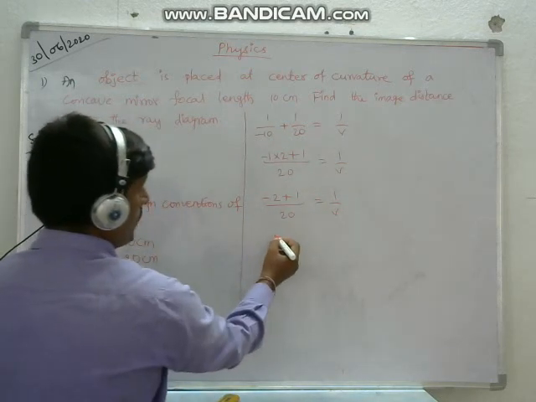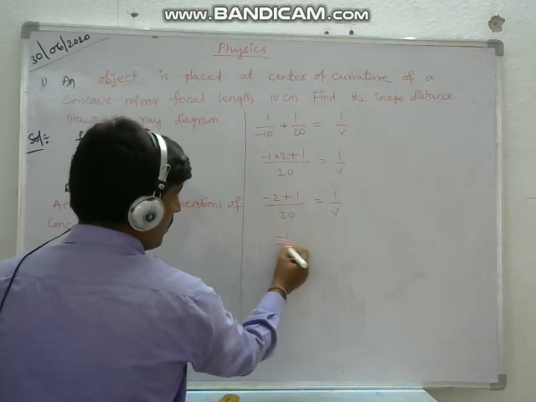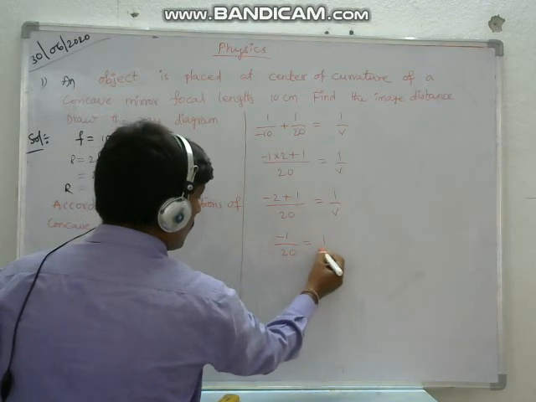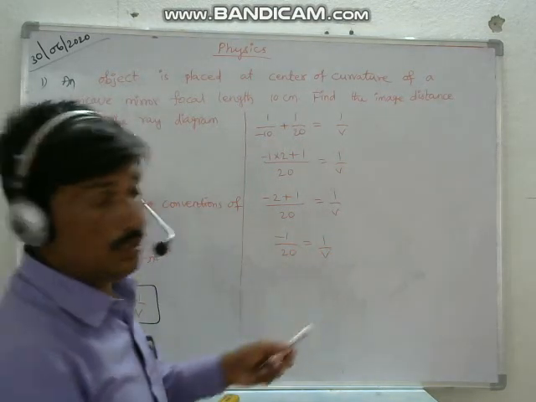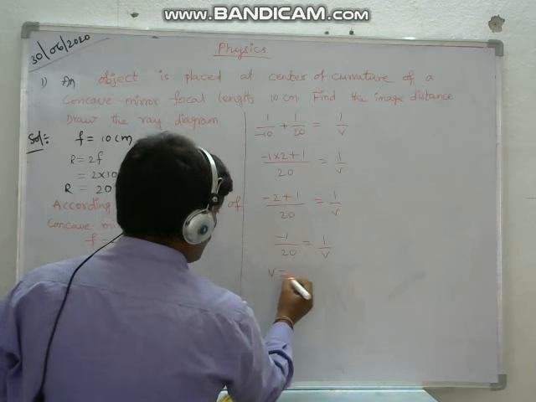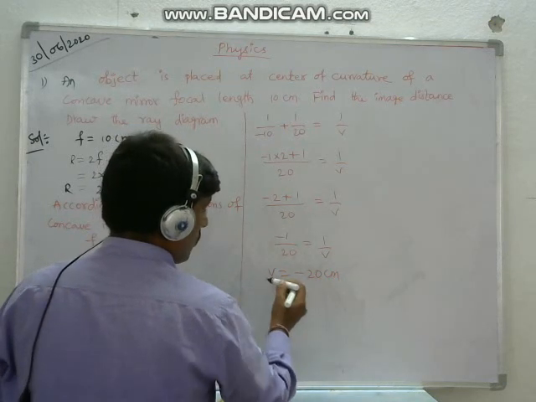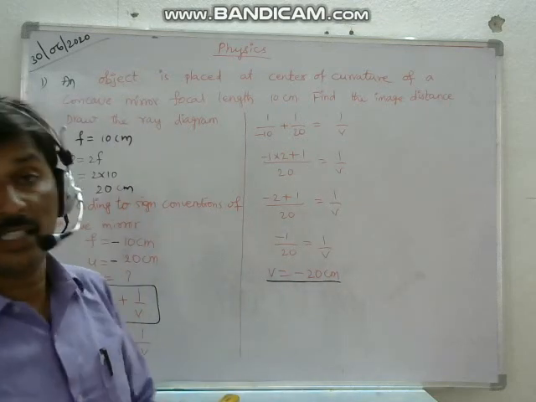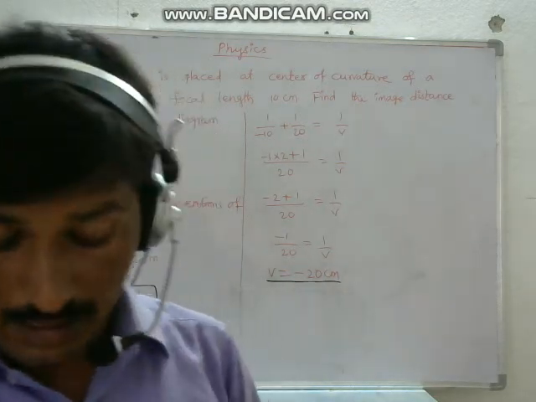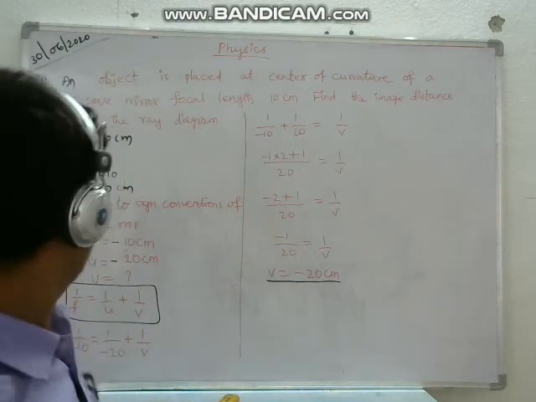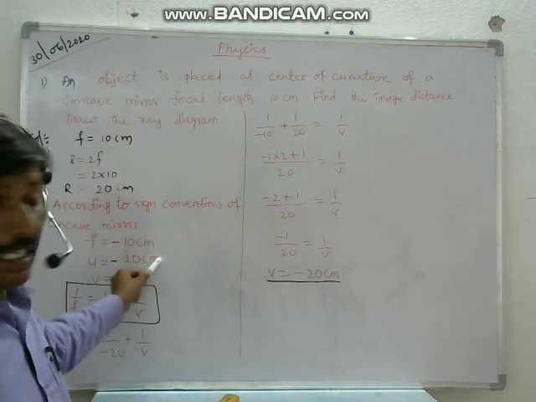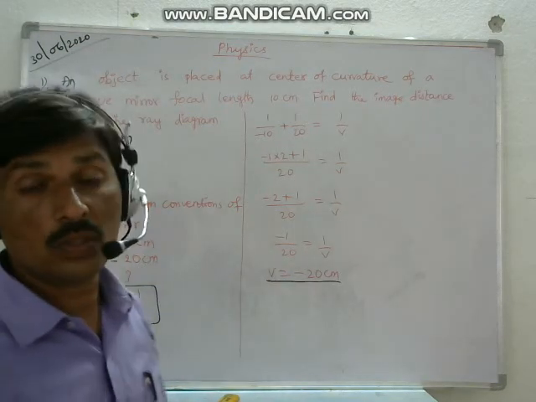Minus 2 plus 1 gives minus 1 by 20 is equal to 1 by v. So from this v is equal to minus 20 centimeter. The object is placed at 20 centimeter, and we got the image distance also 20 centimeter only.